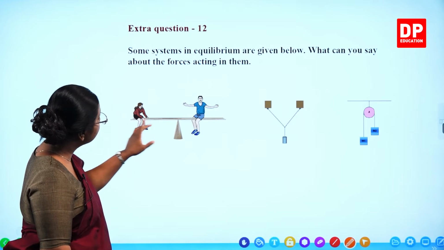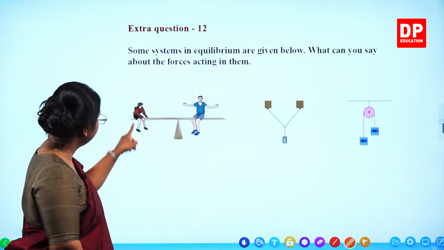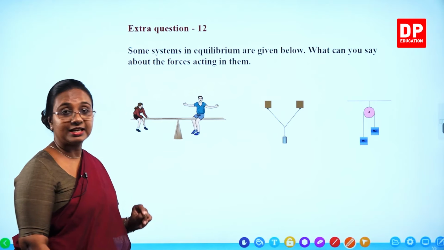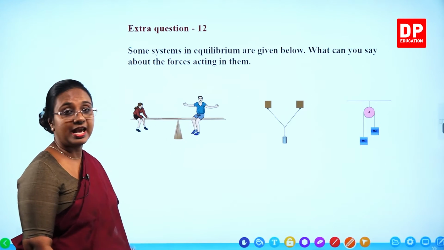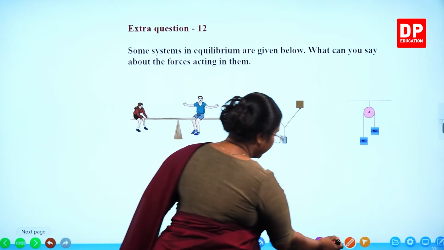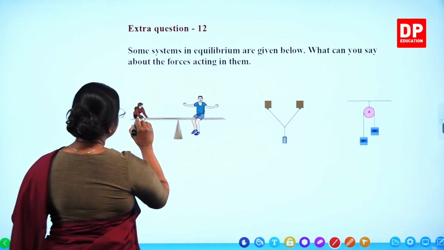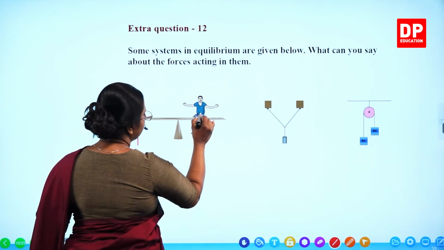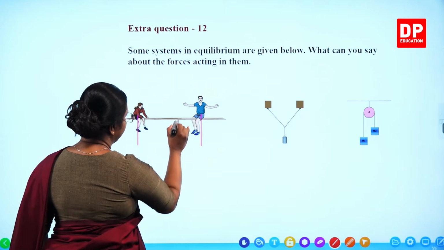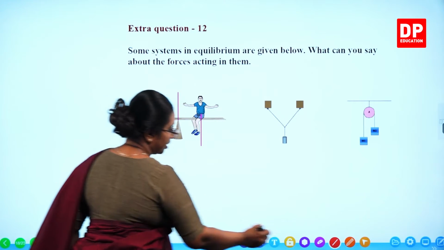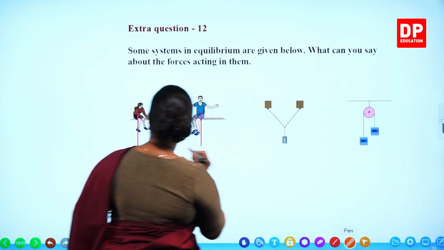So here, what is this system? The weight acting downwards, the weight acting downwards, the reaction acting upwards. So if we mark the forces there, the weight of this child will be downwards, the weight of the boy will be downwards, and the reaction will be upwards.